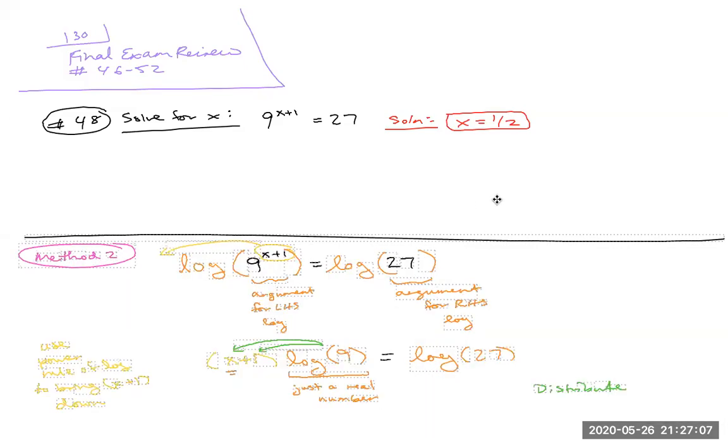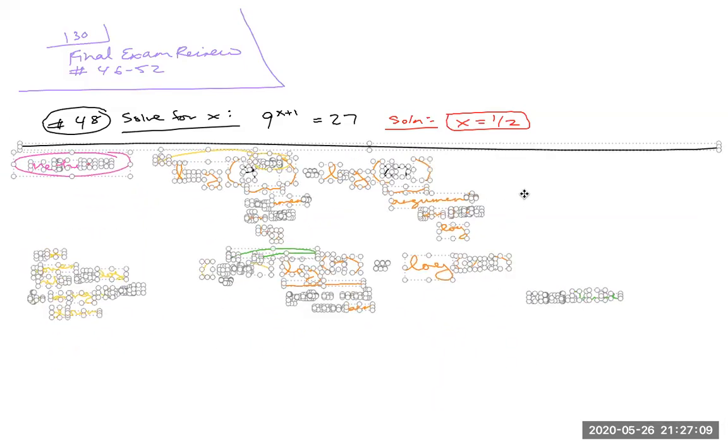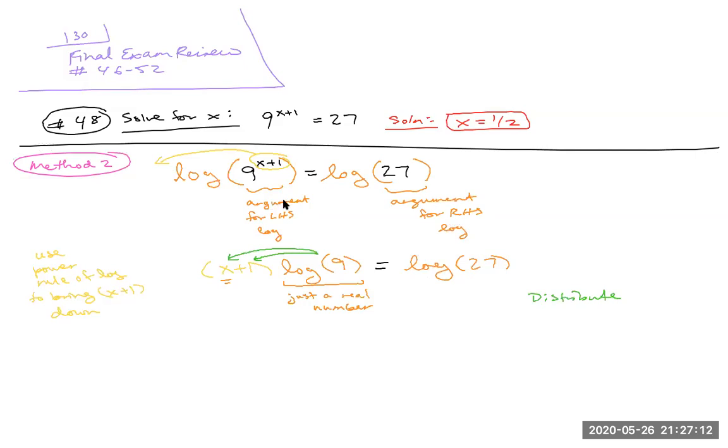Okay, there we go. So when we distribute, we wind up getting a little plus between here. We get x log 9 plus 1 times log 9, which is just log 9. And that is equal to log of 27 on the other side.